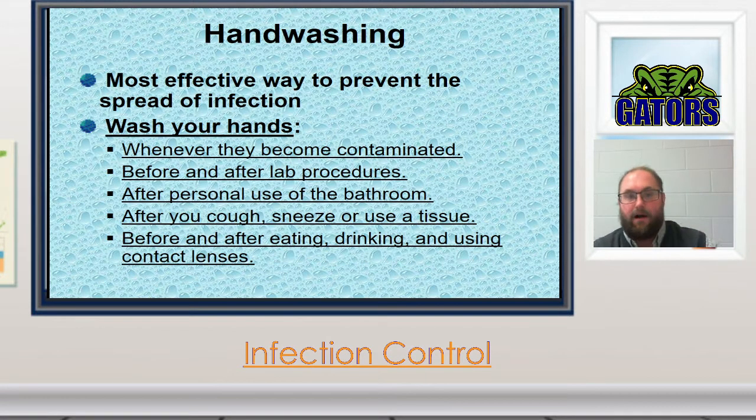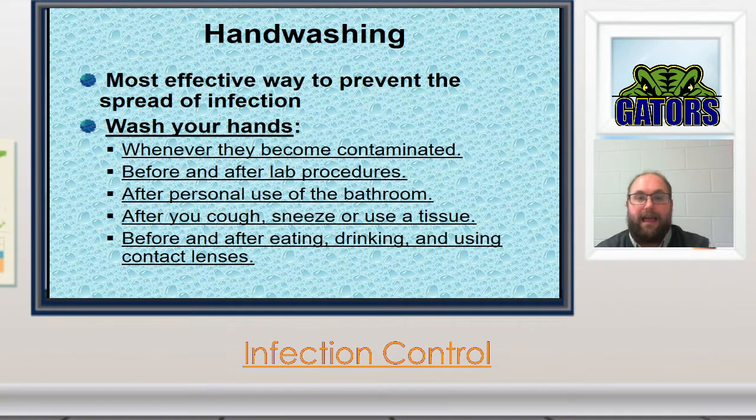So, hand washing. Hand washing is the most effective way to prevent any infection. Anytime that you feel that you have been contaminated by touching things that might have any kind of microorganism on it, touching soil, touching insects, touching food, you need to wash your hands.